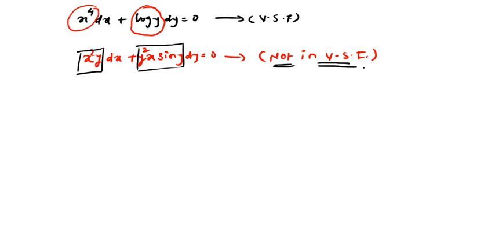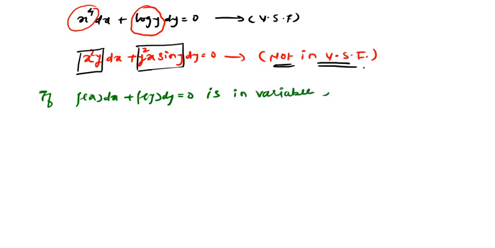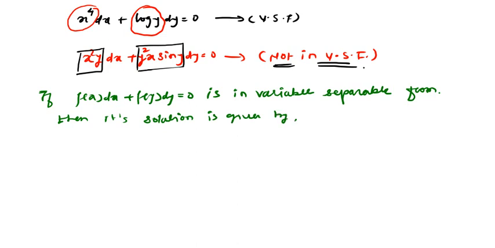So if you are able to convert any differential equation into f of x dx plus f of y dy equal to 0, that is, variable separable form, then its solution is given as follows. Since this differential equation is in variable separable form, you can directly find its solution just by taking integration on both sides.